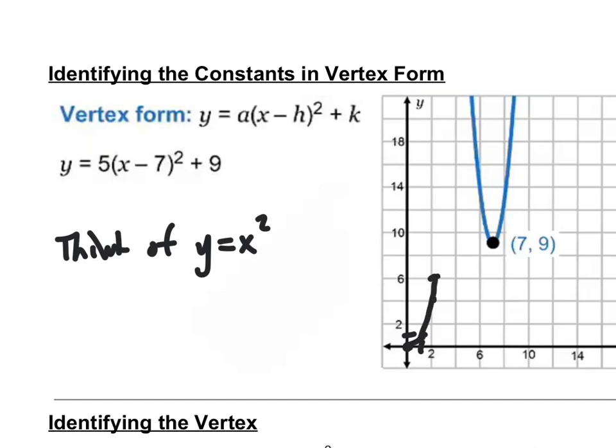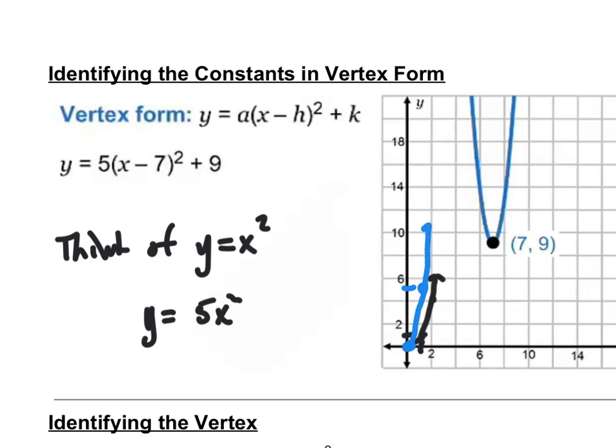Now let's think about y equals 5x squared. Because this number 5 is big, it's going to get thin. Remember that I need to eat more. If 5 is more than 1, then I'm thin. When you have that, you'd have the point 1, 5.